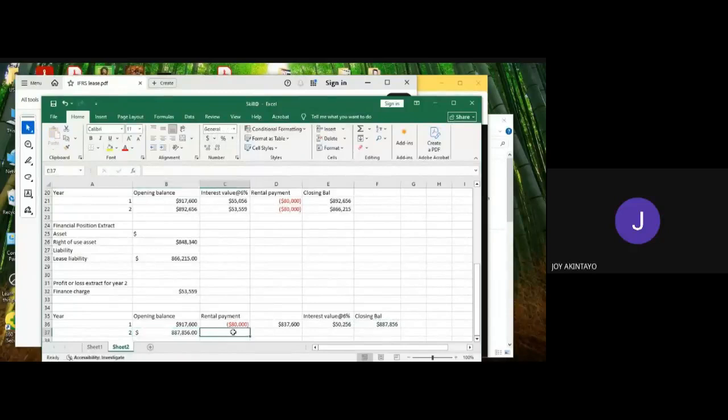Then you will still have your payment, then what is your percentage? We have 48,471.